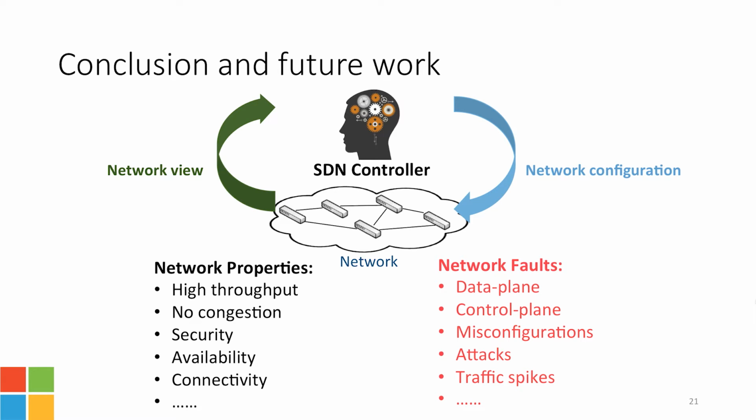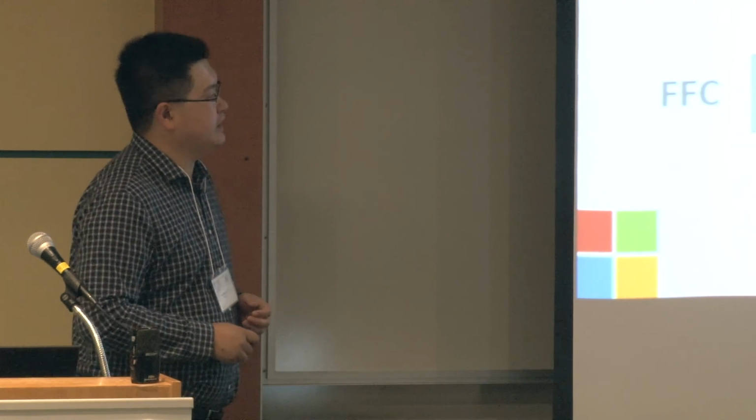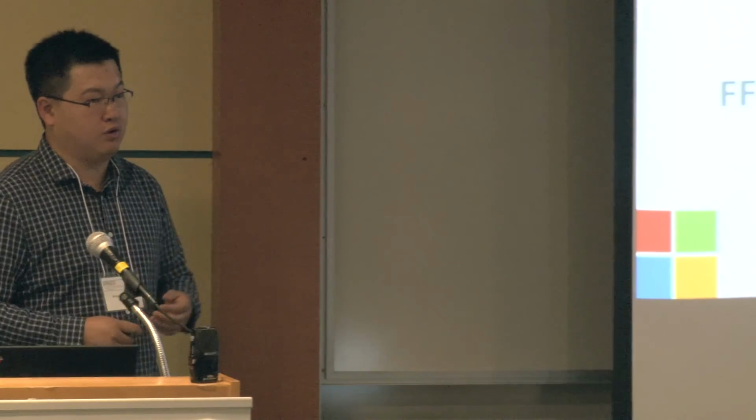Basically, with SDN and centralized control, we want to achieve and keep a lot of network properties, but a lot of network faults prevent us from achieving that. FFC just solves a sub-problem of this whole domain. By presenting this, I hope I can raise more discussion and research on this topic.